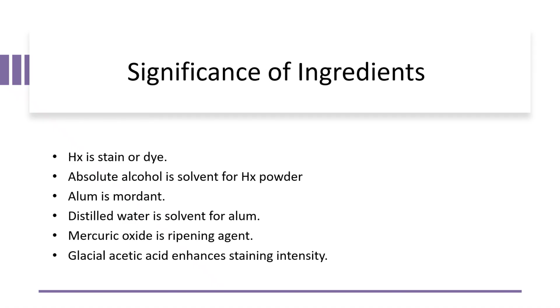So what is the significance of the ingredients? Hematoxylin is the stain powder, absolute alcohol is the solvent for hematoxylin, alum is the mordant, distilled water is the solvent for alum, mercuric oxide is the ripening agent, and glacial acetic acid enhances the staining capability of the hematoxylin.